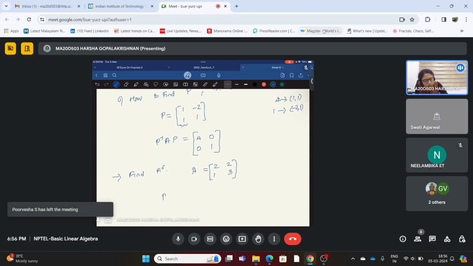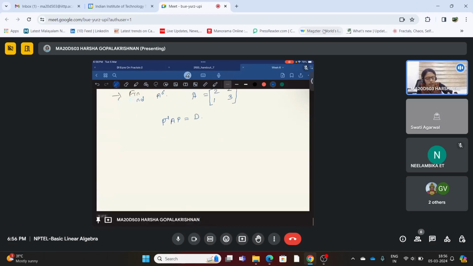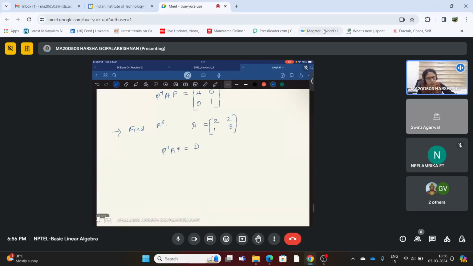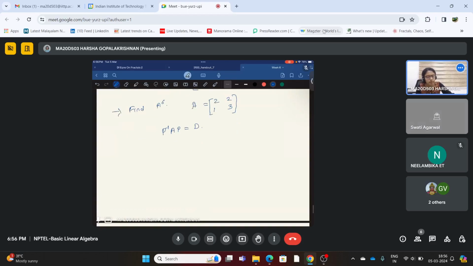What we have is P inverse AP is a diagonal matrix. Now, any idea how we can proceed from this? Or what is A? From this, how can I write A?